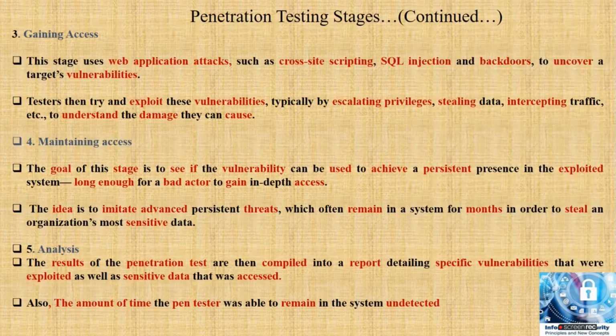After using the tools that are used for scanning, you can gain access to your target system. This stage, gaining access, uses web application attacks such as cross-site scripting to begin to exploit the vulnerabilities that were found in the last 2 stages.